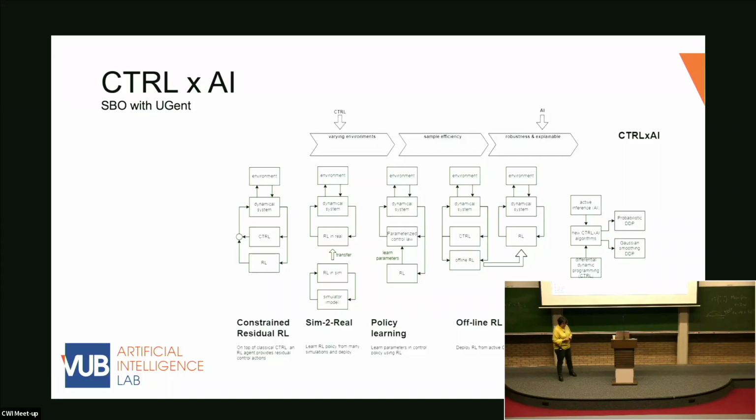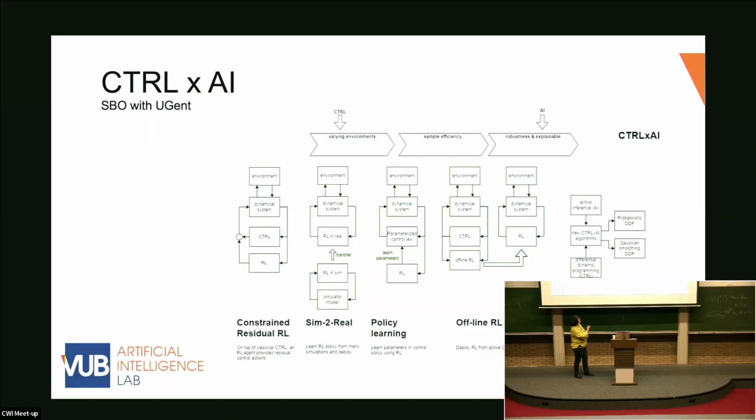And our experience is especially when the features that the RL agent has to learn are non-trivial, then learning this residual part can take a lot of effort, and it can actually be faster to just do plain RL. So whether or not you will gain from residual RL very much depends on the complexity of the features you need to express the controller.